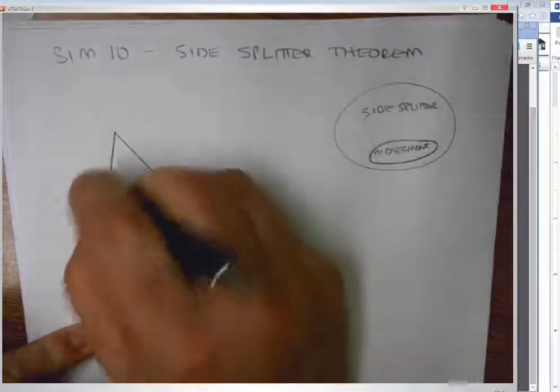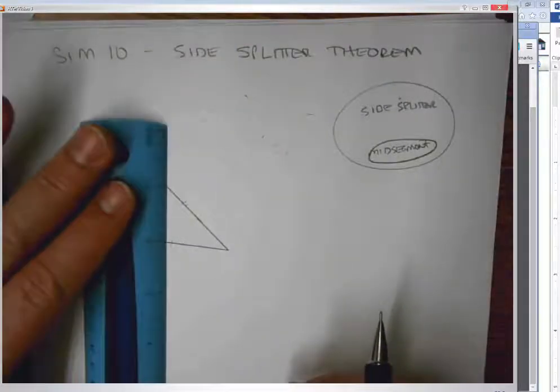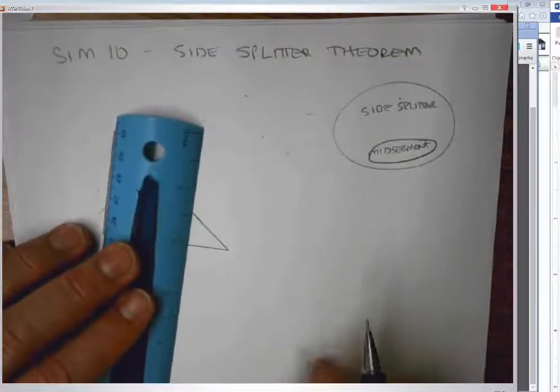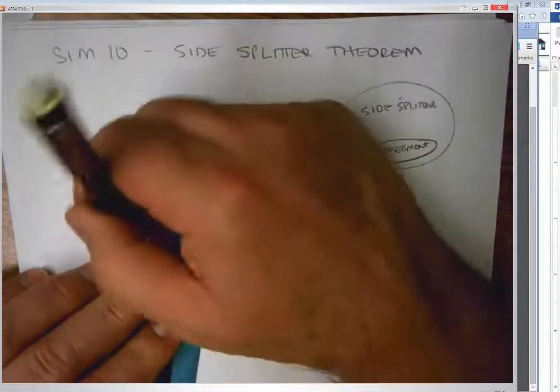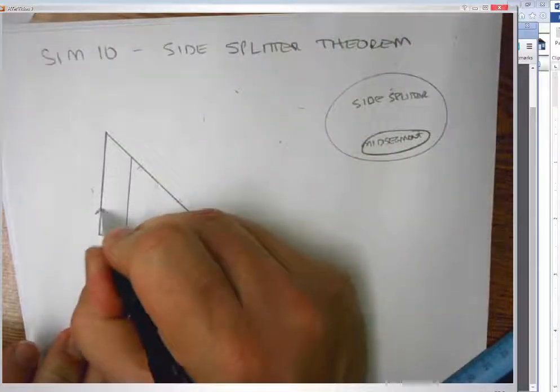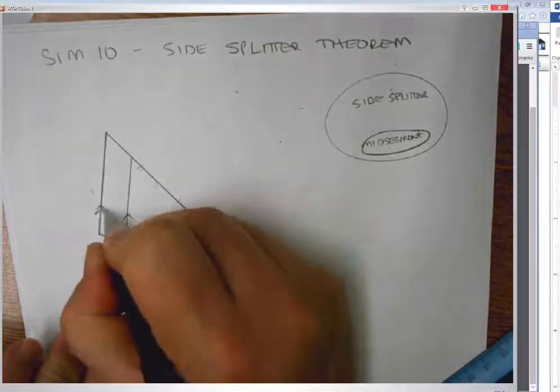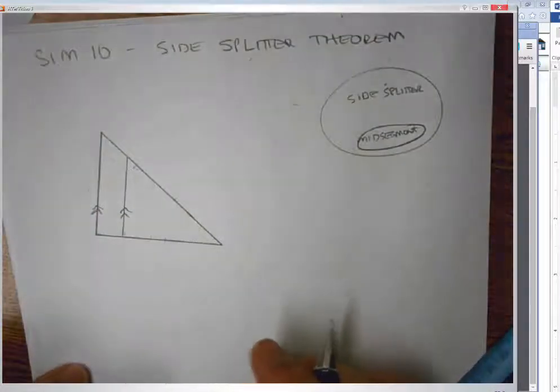What makes this extension work for us is that it's no longer something that has to happen right in the middle. As long as I can produce a segment that extends across the triangle and is parallel to the base, then it doesn't matter where that is. It doesn't have to be halfway.